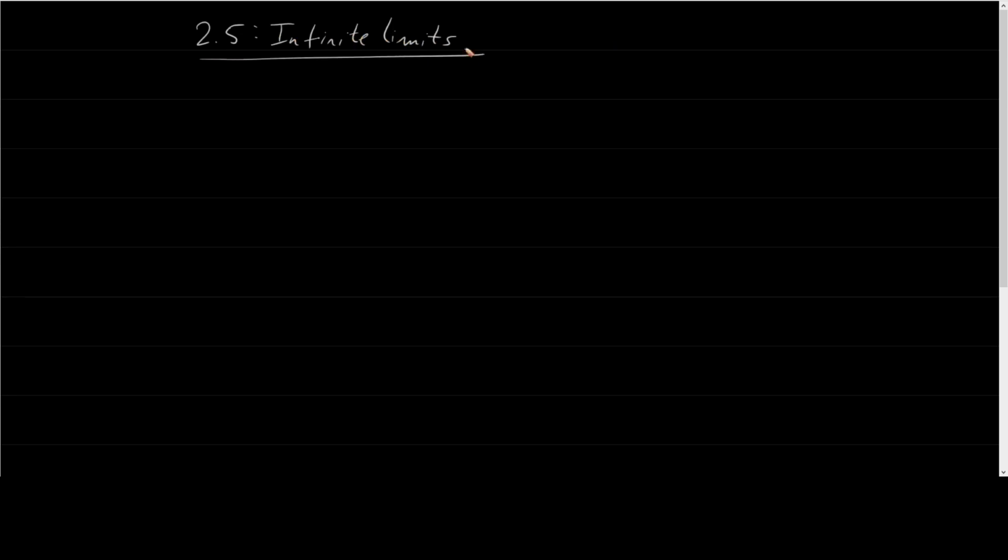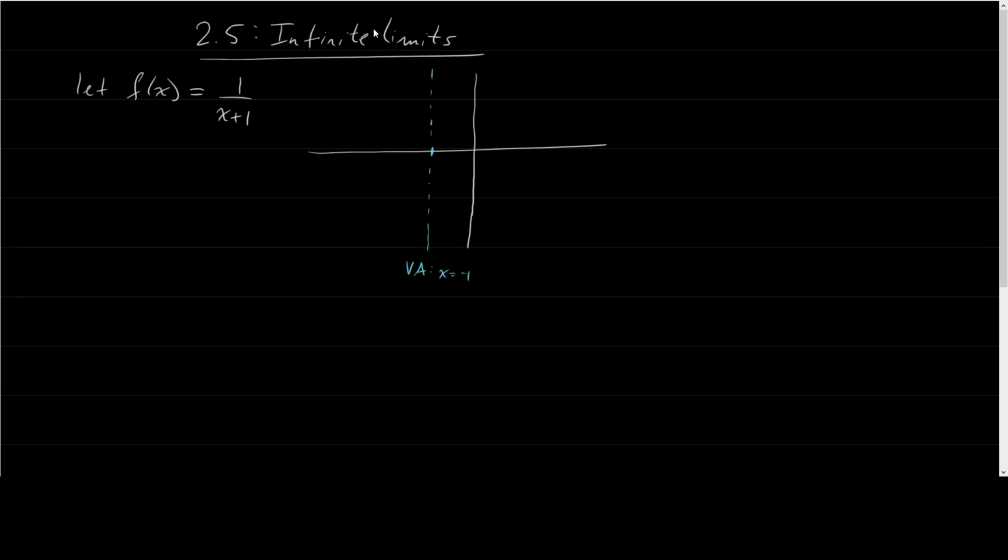So let's begin by letting f of x be equal to 1 over x plus 1. Now this is what that function looks like. We have a vertical asymptote here at x equals -1, and the function looks like this.